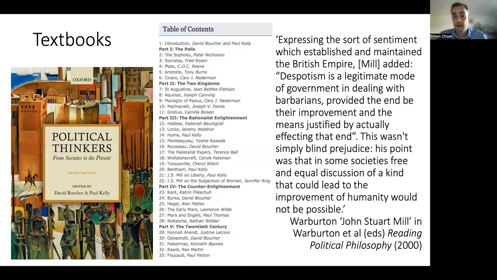But this reference is sort of glossed over or kind of whitewashed, shall we say. So those are what we think are some of the problems of the discipline of political theory. And now Manjeet is going to look at what we propose as some of the solutions, assuming we're not kicked out of this meeting. Manjeet, I'll pass over to you now.